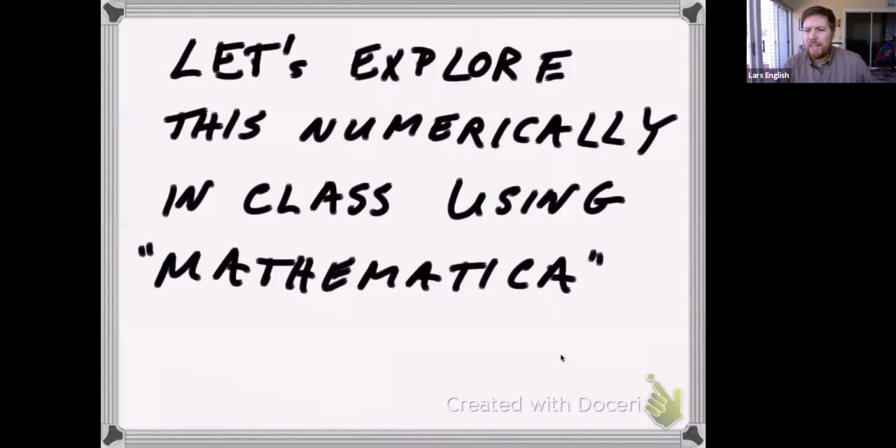So what we're going to do in class is look at Mathematica together, interactively, to see what Mathematica tells us about the solution for various barrier strengths P. Okay, thank you.